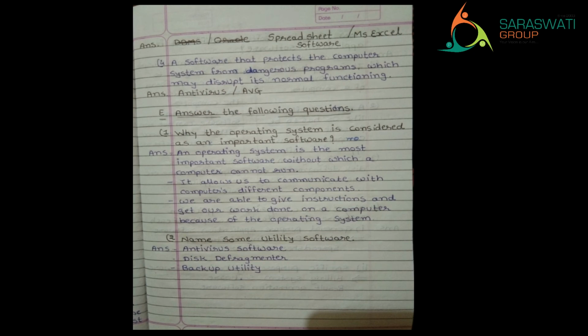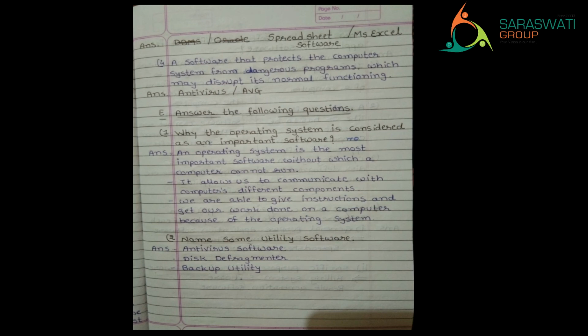Last one, backup utility. We can have one extra copy of our data which we can maintain, right? So if due to certain reason our file or data is lost and we have another copy, we don't have to make that thing again and again. So backup utility is used for that.